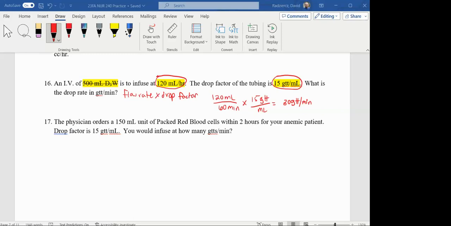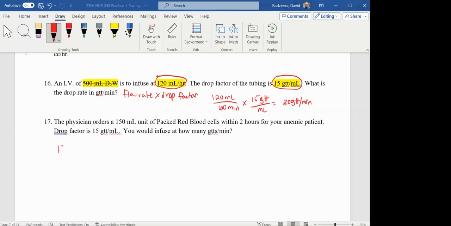All right. So before I answer, remember, you can only give someone a whole drop. You can't give somebody a partial drop. So always round to the nearest whole drop when you're doing these types of things.